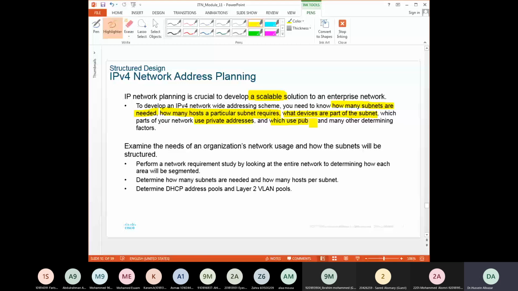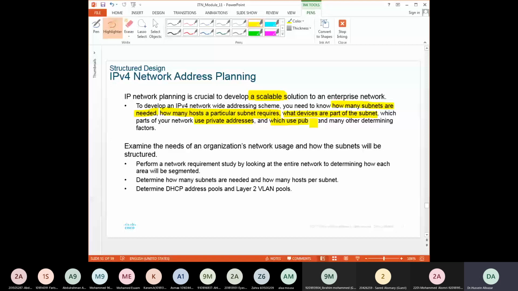Why? All of these requirements will help you to have a well planned structure for your network.